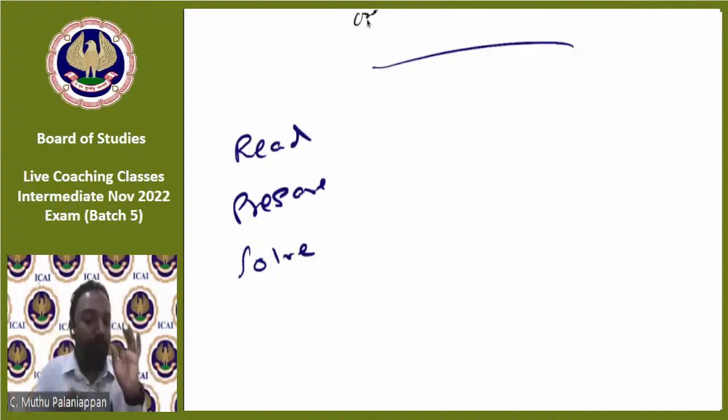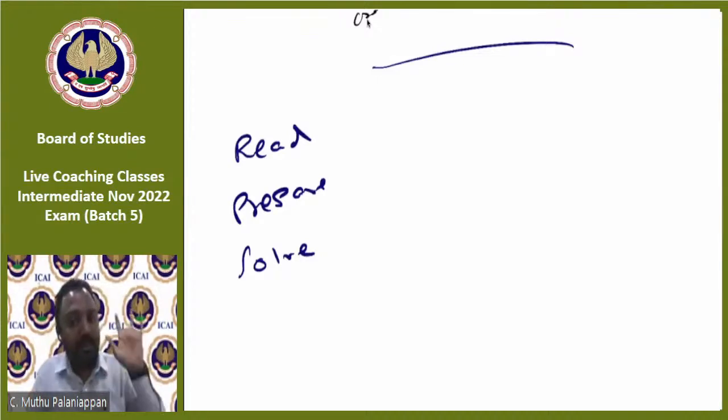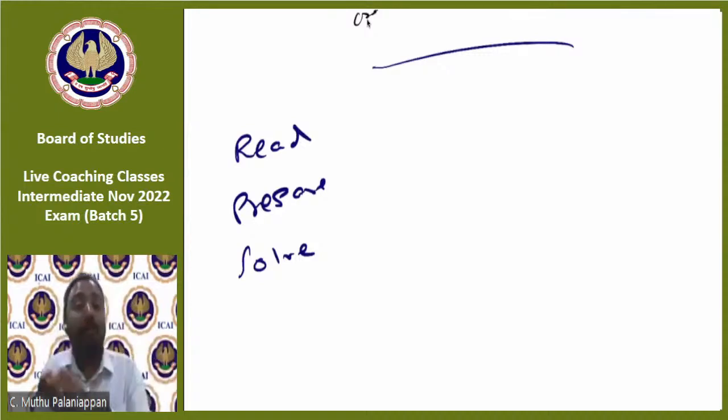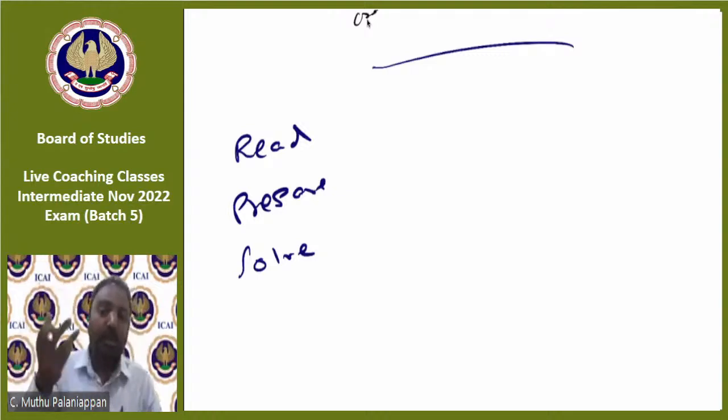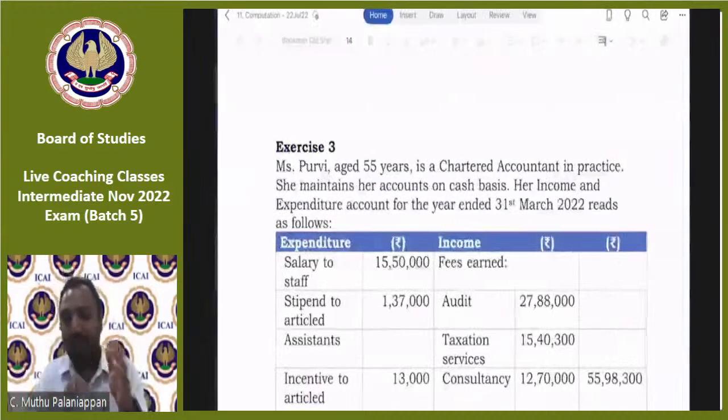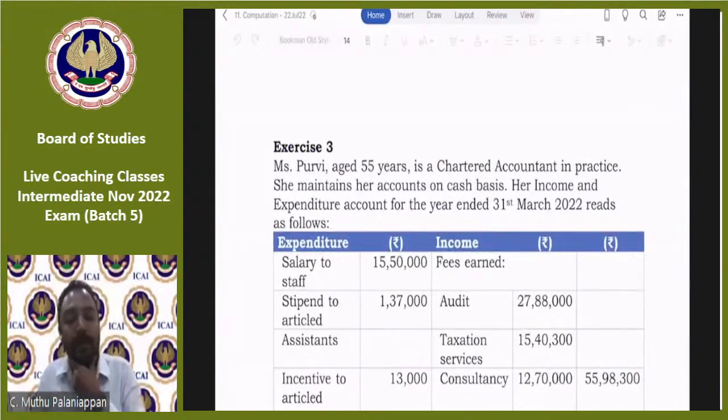Every income tax question in your question paper must undergo these 3 processes to make sure you are eliminating the possibility of errors and mistakes. So you should read the question, prepare yourself to solve the question, and then solve. We are going to understand how exactly you must do this in the exam hall, and also during the time of preparation.